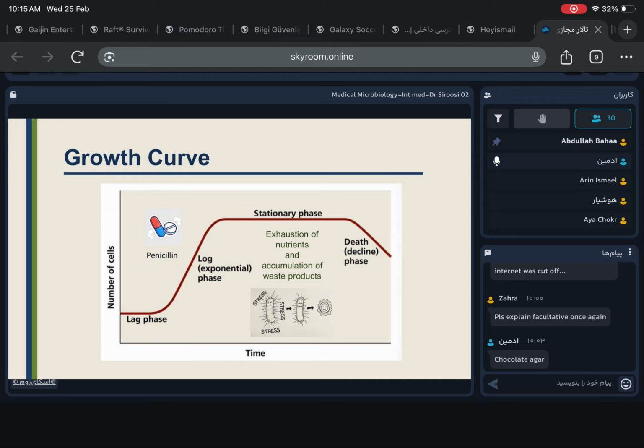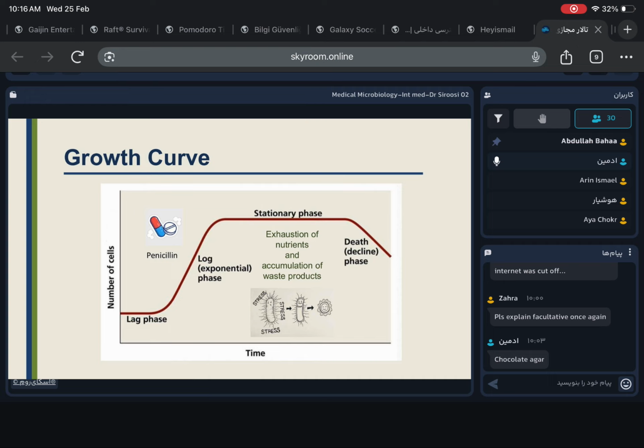And when bacteria are growing, they are synthesizing the cell components, including the cell wall. It means that bacteria are most susceptible to penicillin because they are growing and synthesizing the cell wall. So penicillin interferes with the cell wall synthesis, and that's why bacteria are most sensitive or susceptible to penicillin during their log or exponential phase.